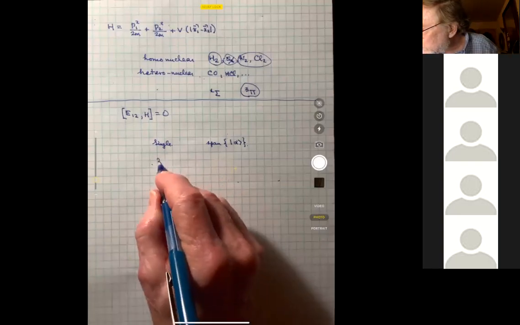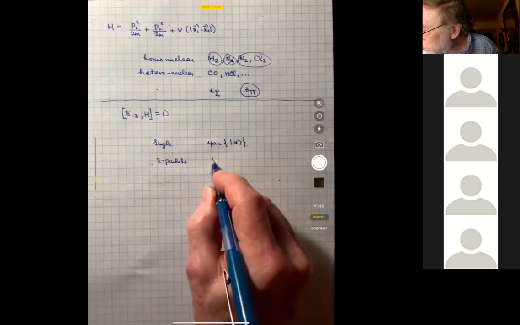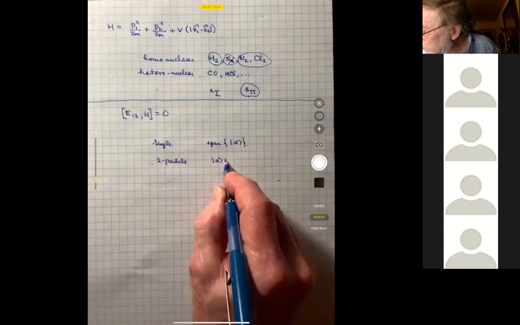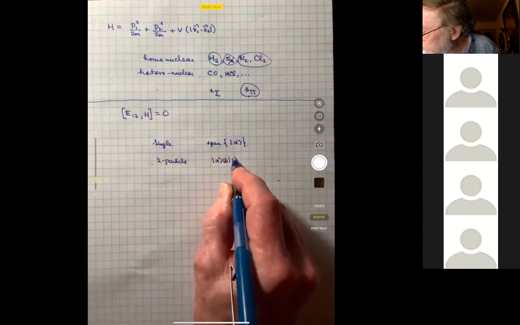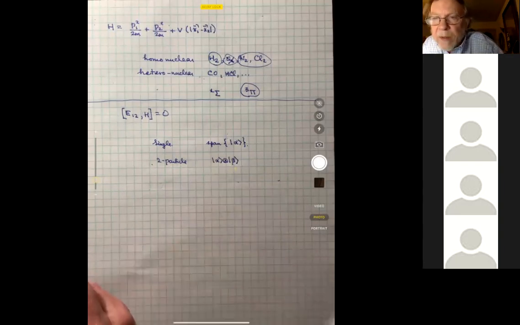Then the two particle Hilbert space is spanned by products of basis vectors like this: alpha for the first particle and beta for the second particle, in which the indices alpha and beta run over the same values because they're really labels of wave functions that are in two identical copies of the same Hilbert space.